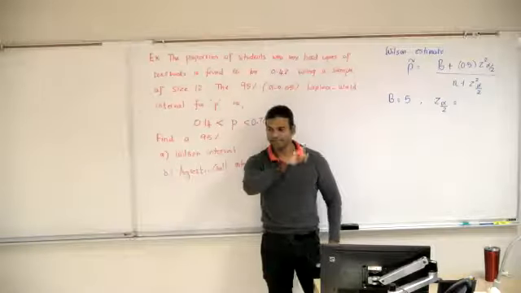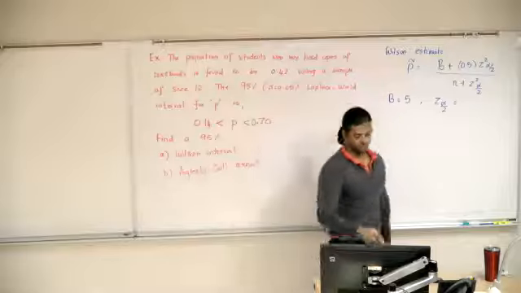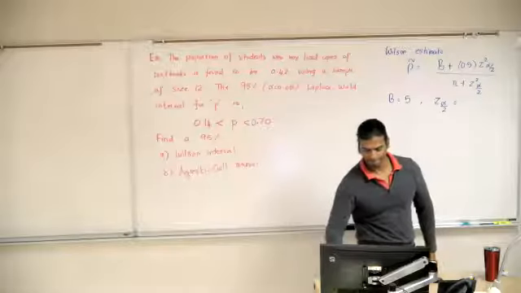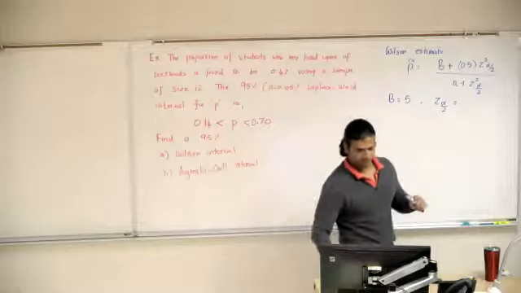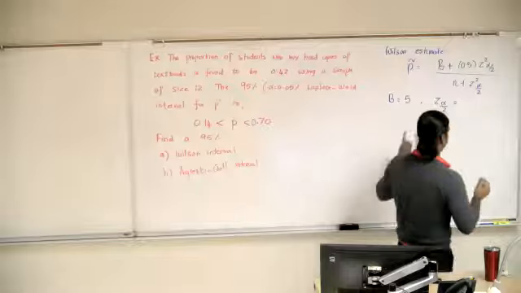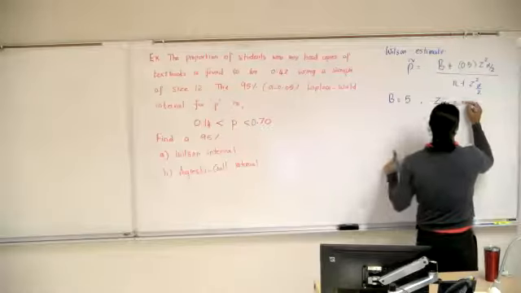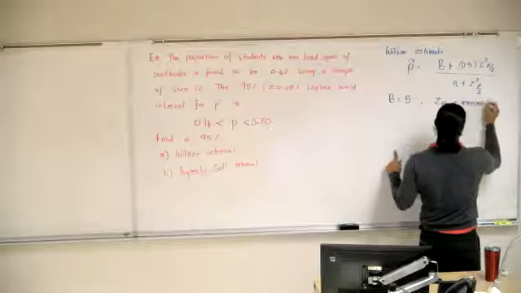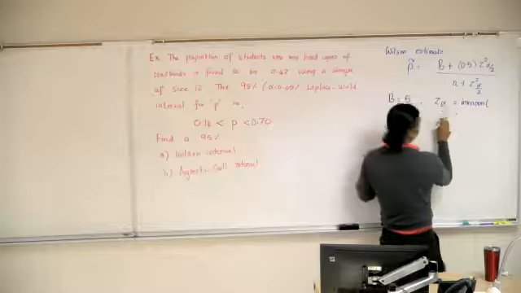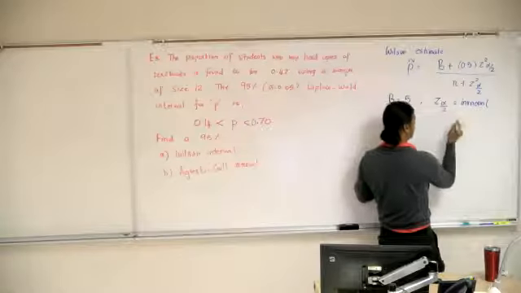How did we find that critical value? What did we use? We can use inverse norm. The area below, in this case, is alpha over 2.